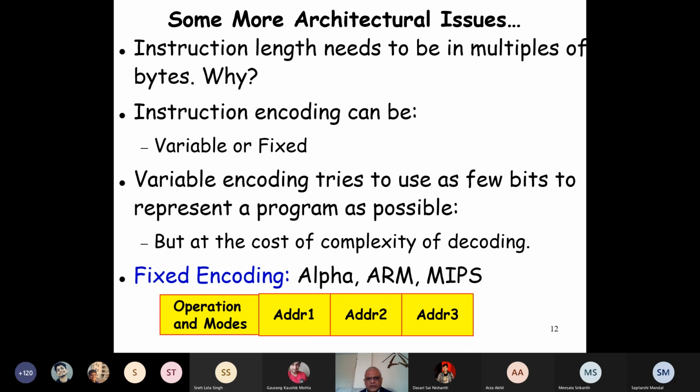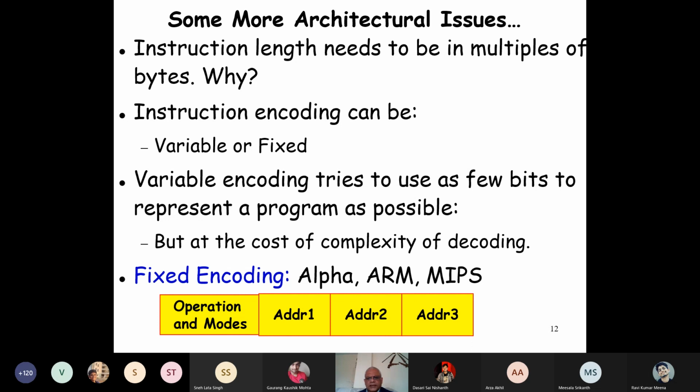If this is the instruction, there is an opcode, and then we have the different addresses where the operands are. So the instruction length is always in multiples of bytes, 16 bits, 32 bits, etc. Why? Can anybody answer why the instruction length is in multiples of bytes?